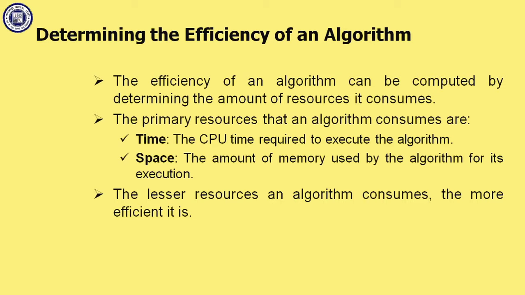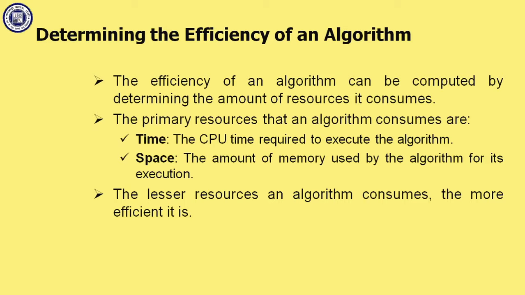Both are important, but when it comes to selecting between them, we consider one of them as the most important factor. So what are these factors? The time, which is the CPU time required to execute an algorithm, and the space, which is the amount of memory used by the algorithm for its execution.